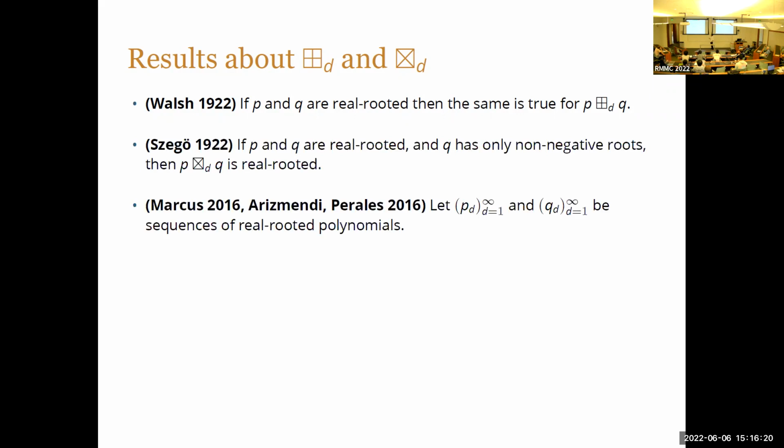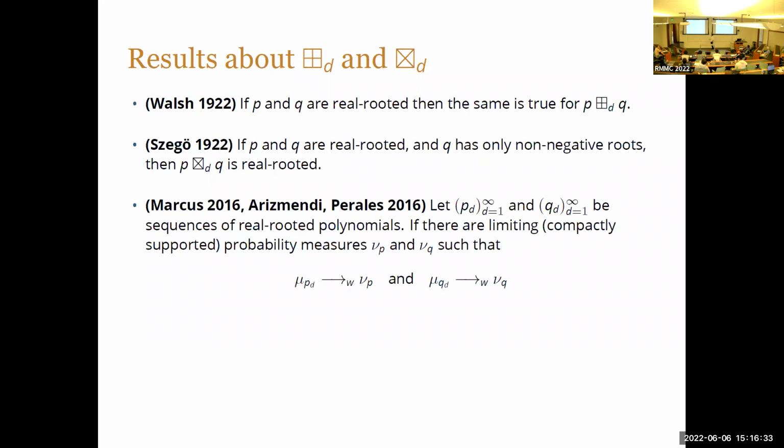And something that Marcus showed, and then Arizmendi, is that if you take sequences of real-rooted polynomials P_d and Q_d, so that the root distributions of P_d have some limit ν_P, and the root distributions of Q_d have some limit ν_Q, then the root distributions of their convolution, so now we're looking at P_d convolved with Q_d using the additive convolution, converge in distribution to the free additive convolution of the limiting measures.